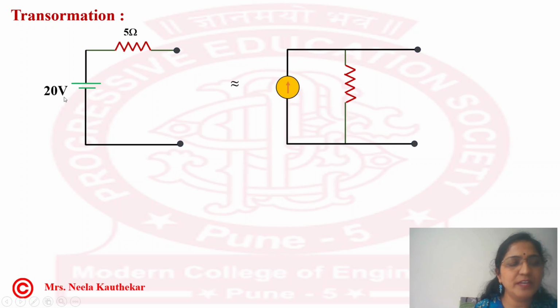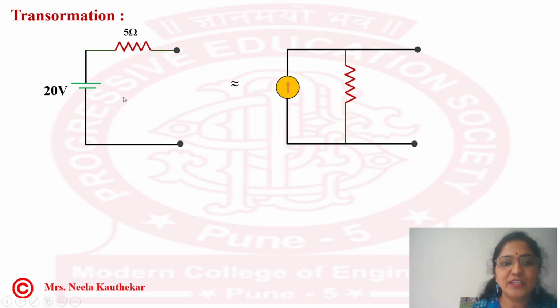This is a 20 volt supply with internal resistance 5 ohm connected in series, and I'm going to convert this to a current source. So how are we going to convert it? See, what was the equation?